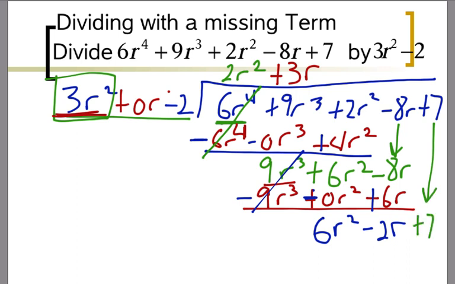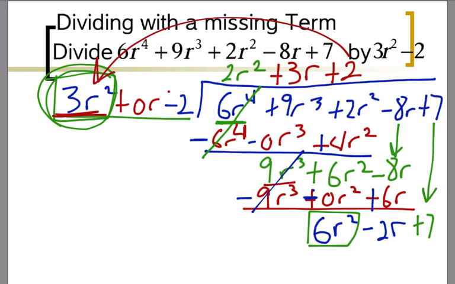And then I again look at the first number, the 6r to the second, and the 3r squared out in front. What do I multiply 3r squared by to get 6r squared? The answer is 2. And so I take my 2 and distribute it to all the three numbers out in front again. So I distribute to the 3, the 0, and to the negative 2, and that should give me 6r squared.